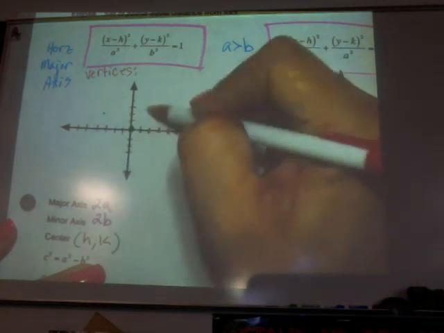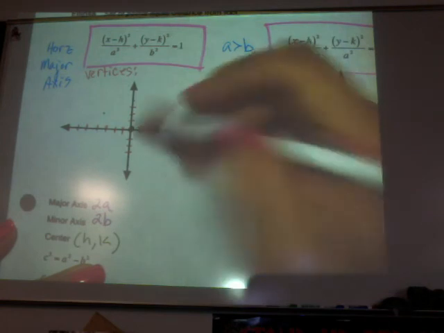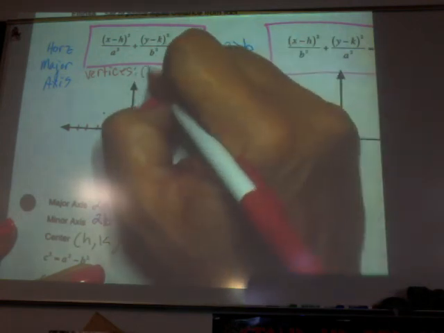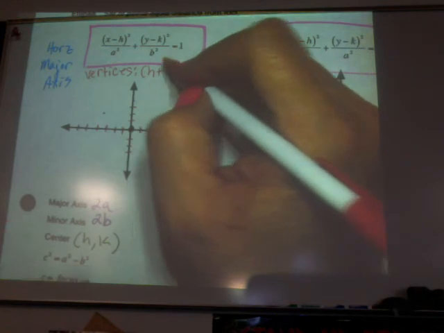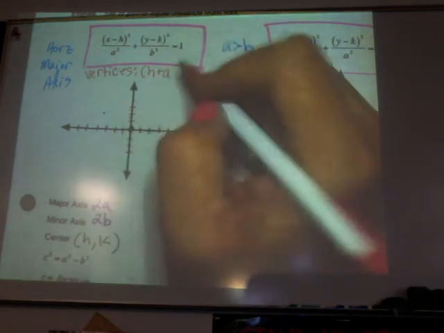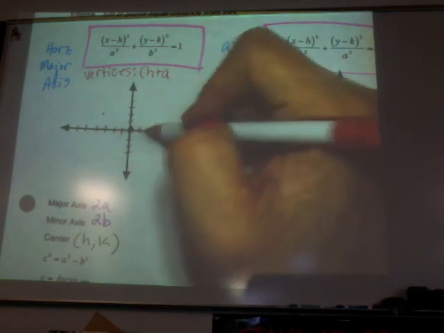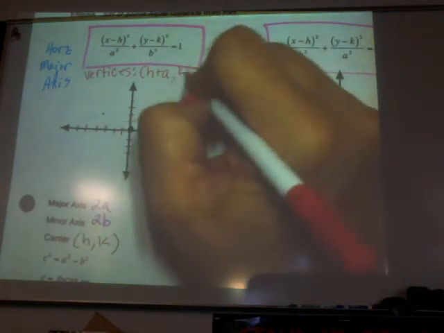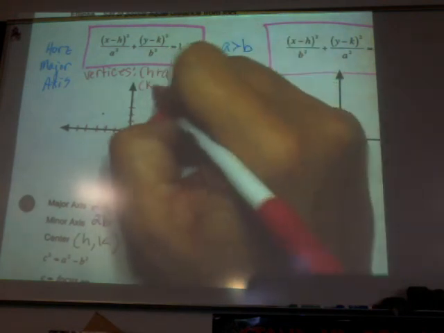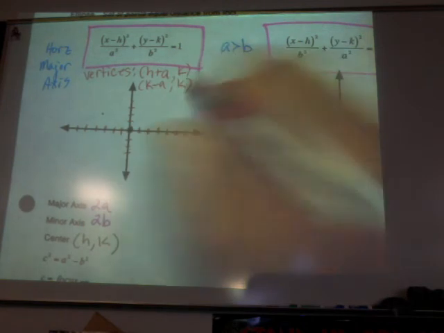Is my k changing up or down? No. So we end up with (h plus a, k), and it's the same a as here, because we're going only a to the left and a to the right. Or (h minus a, k).